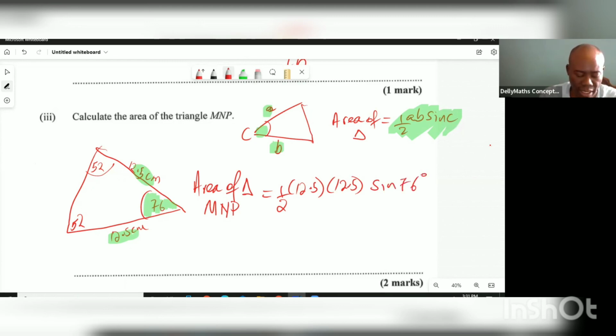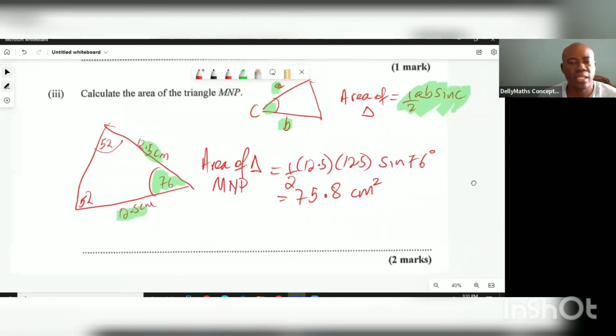So we're talking about a half times 12.5 times 12.5 times the sine of 76 degrees. And we would have landed a total of 75.8. And this is cm squared. The area of the triangle is 75.8 square cm.